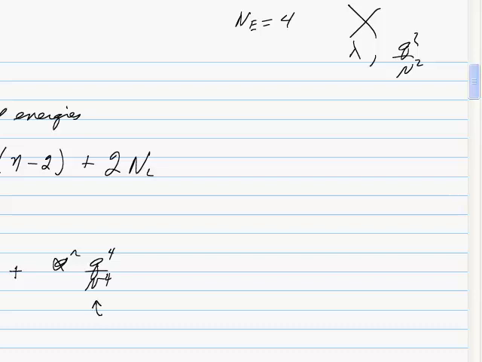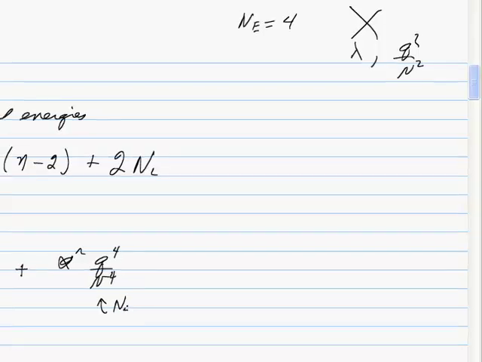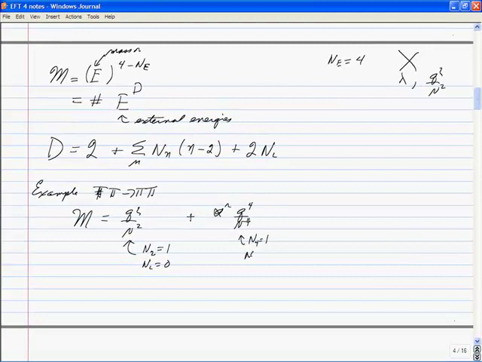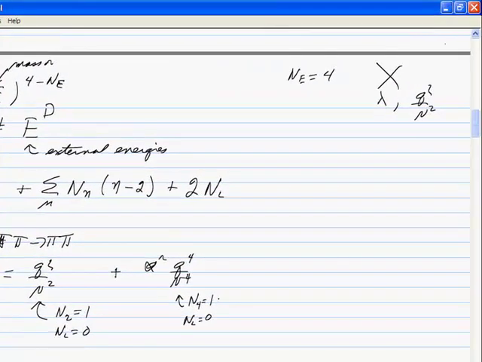This came out of N4 equals 1 and loops equals 0. So if you just took tree level and didn't do any loops, the 4 derivative Lagrangian with no loops worked.